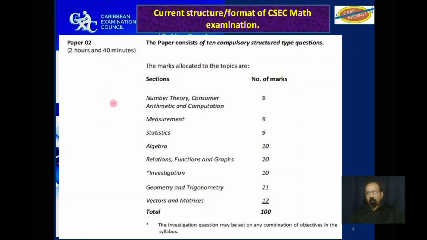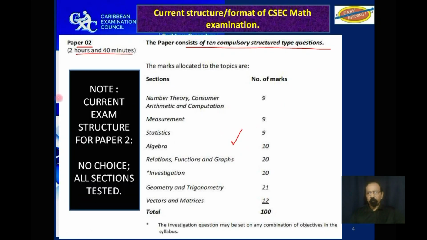That's Paper 1. There is also a Paper 2 for 2 hours and 40 minutes. This paper consists of 10 compulsory structure type questions from all sections of the syllabus as pointed out below. There is no choice. All sections will be tested with compulsory questions.